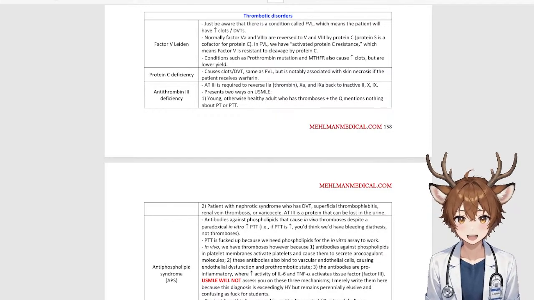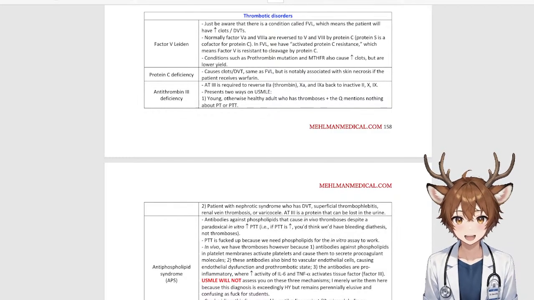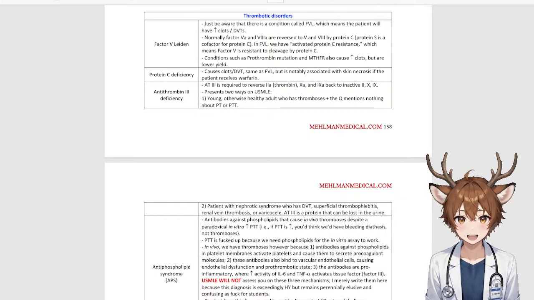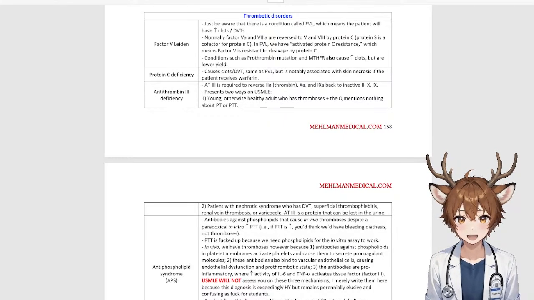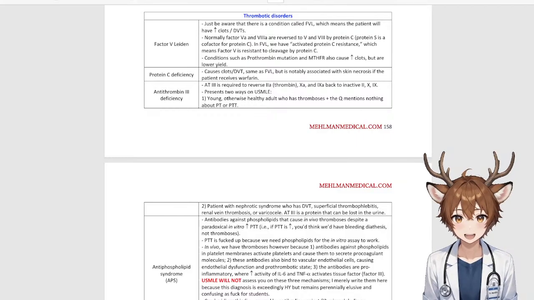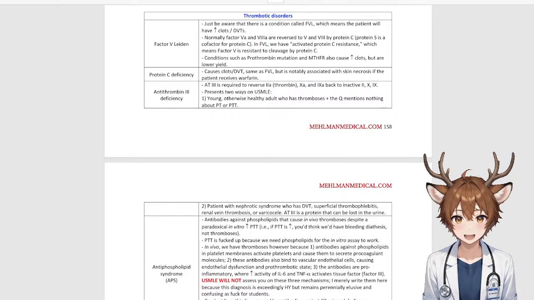Antithrombin 3 deficiency. Antithrombin 3 is required to reverse 2A thrombin, which is the active form, right? Remember, A in this context means the activated form. So factor 2A thrombin, 10A and 9A back to an inactive 2, 10, and 9. It presents two ways on USMLE.